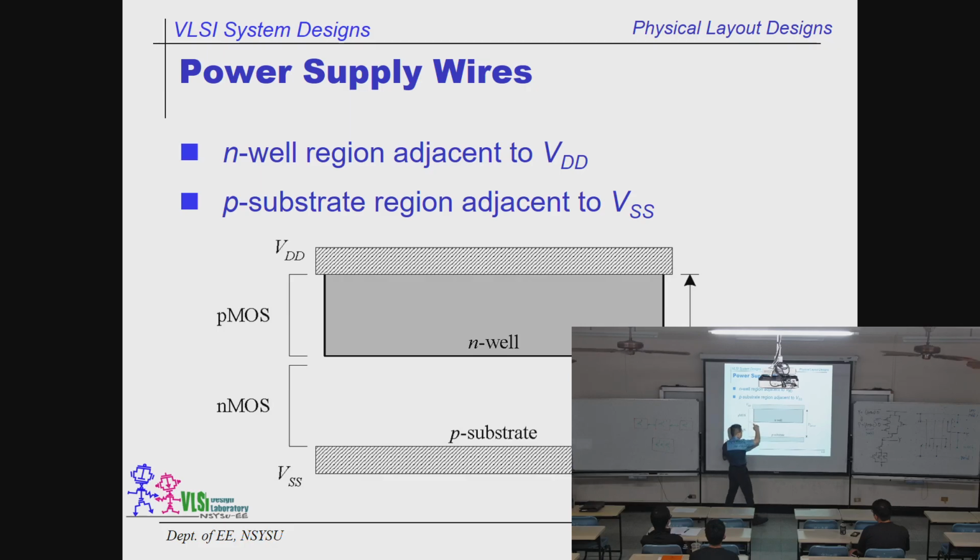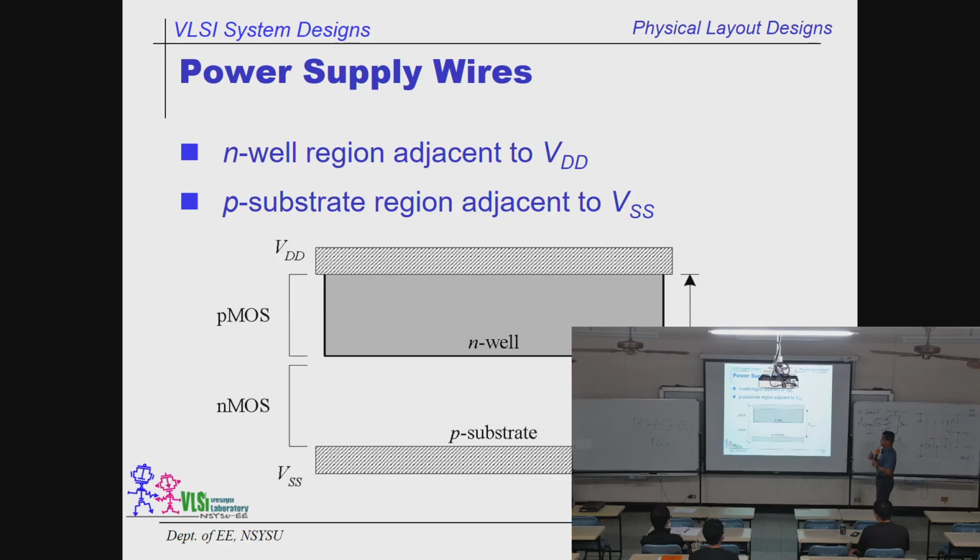Then you need a big well because this is where the P transistors go. And this is the distance between the M1 and M1. The N well is sitting next to VDD because you need a well contact there.